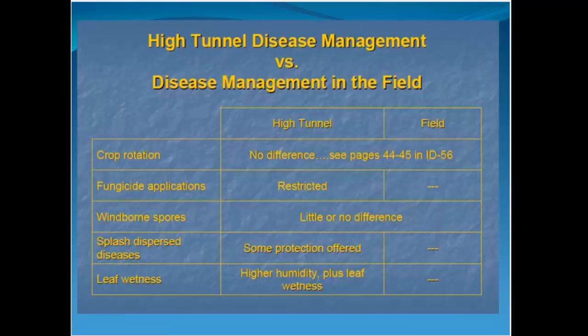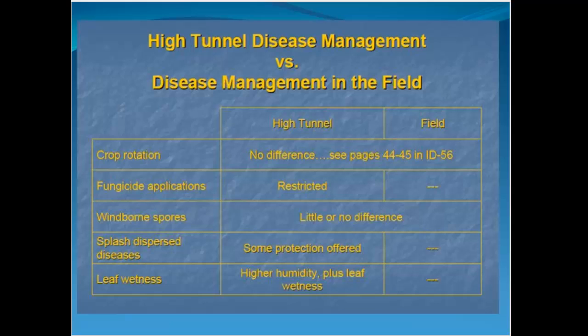Diseases that are dispersed by being splashed around, there is likely some benefit from being in a high tunnel environment because of the protection that is afforded from the high tunnel itself. If we look at leaf wetness, again, leaf wetness is one of the things that promotes disease development.